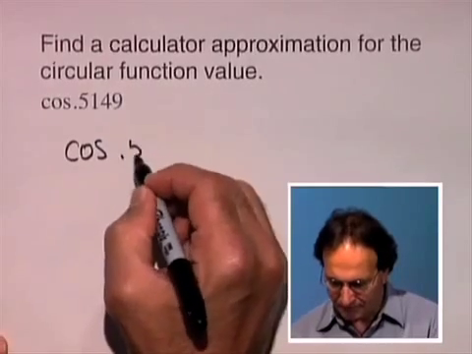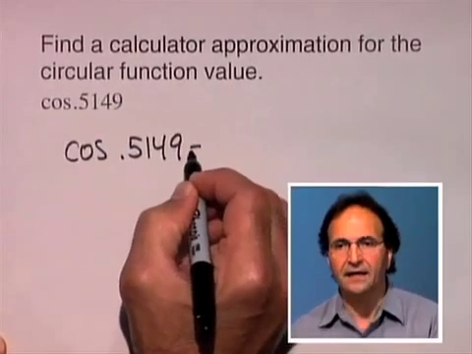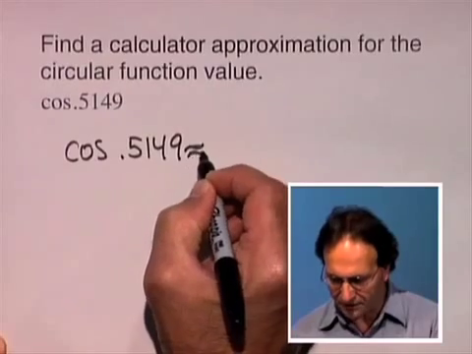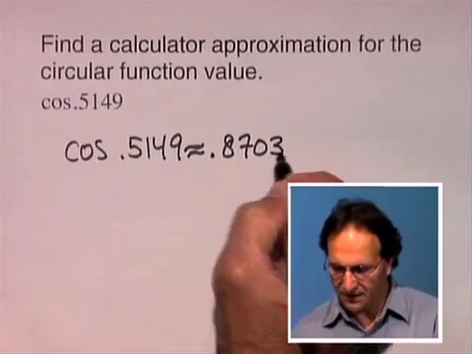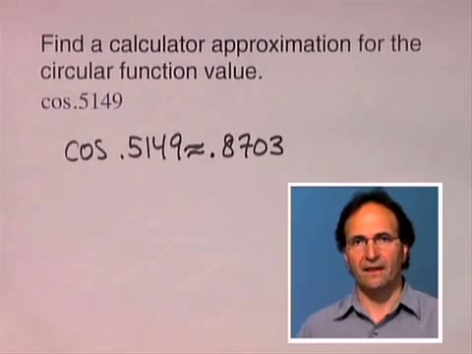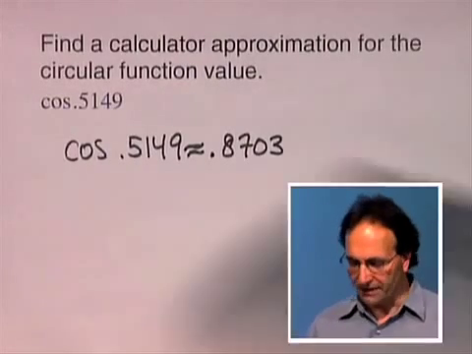And I get my result of 0.87034199714, which will round off to 4 decimal places. So let's write that down, that the cosine of 0.5149 is equal to approximately 0.8703. All right, let's continue. We'll find another one.